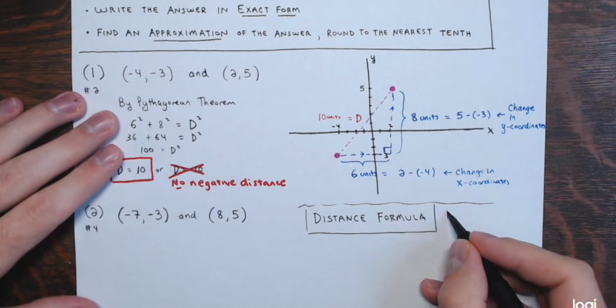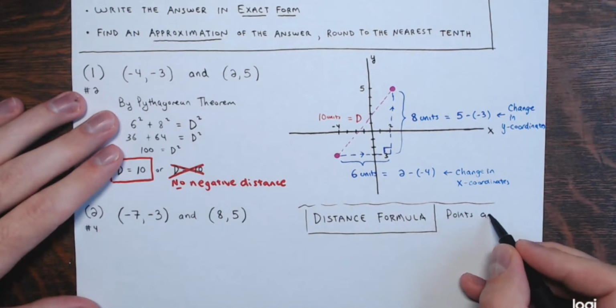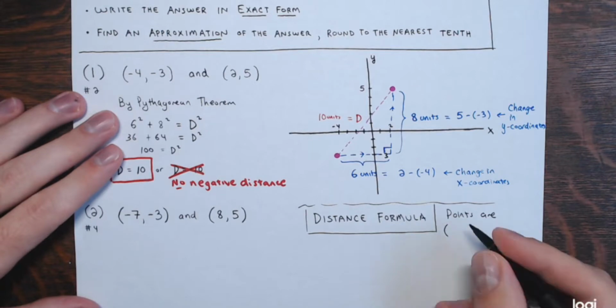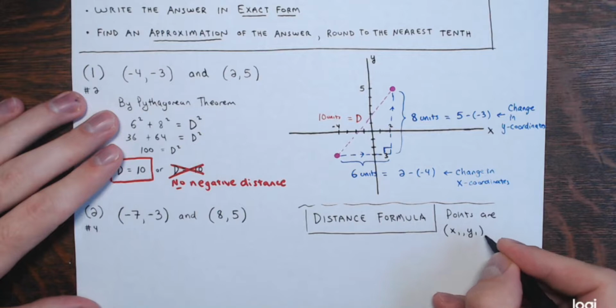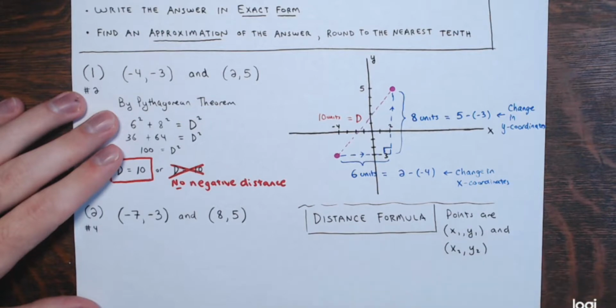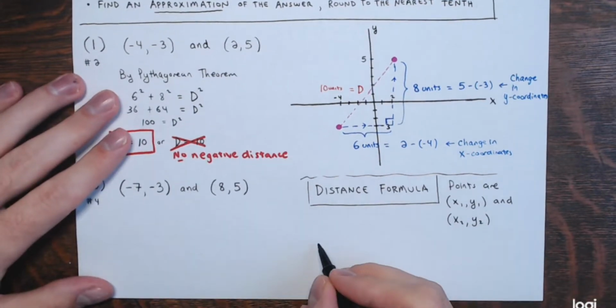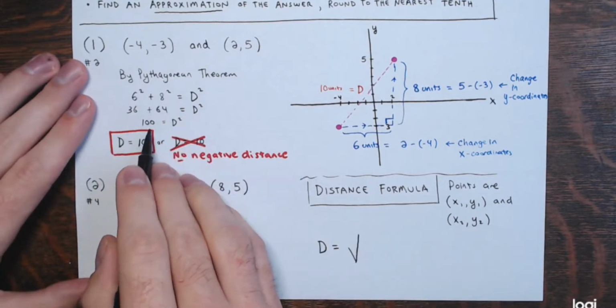So if the points, pardon me, say the points have coordinates x1, y1, and x2, y2, then the distance is the square root, right? You saw I took a square root of 100 here.